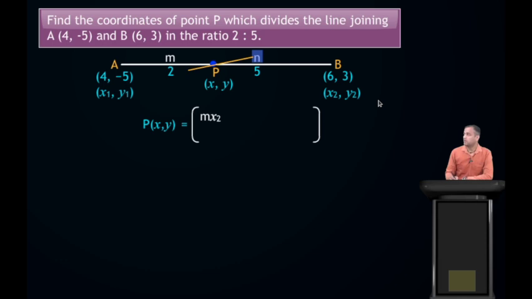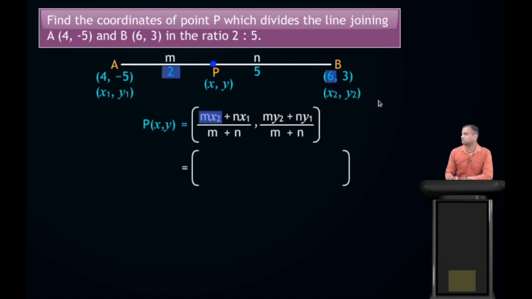So we have the first formula (mx2 plus nx1) upon (m plus n). Then we have (my2 plus ny1) upon (m plus n). Now put all the values here, and after solving this one, you will get the answer.